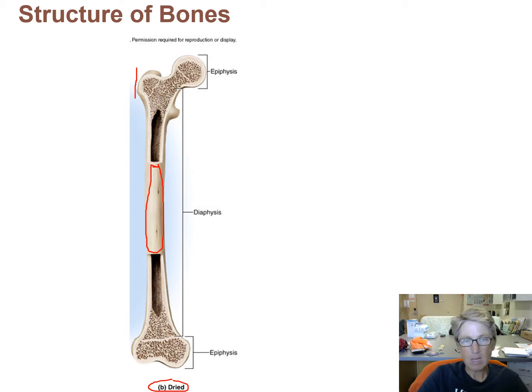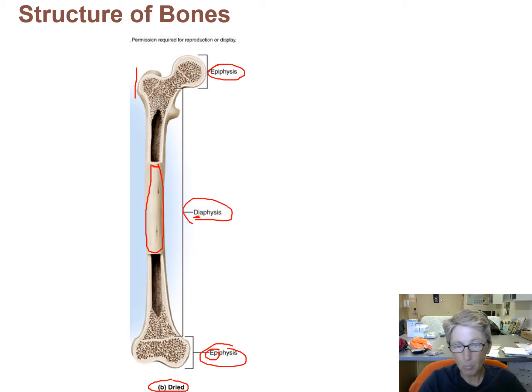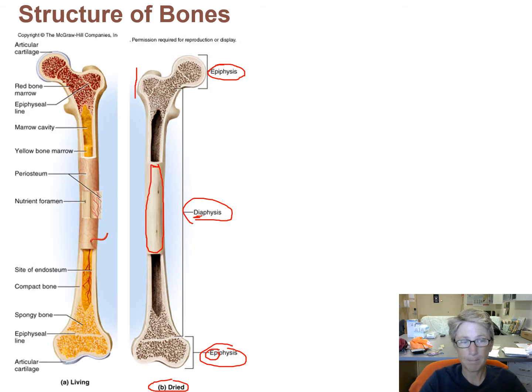In general, if you start broadly, this is a long bone, and long bones have two ends. Each end is called an epiphysis. Epi means on top of. And then you have this middle portion called the diaphysis. Dia means through, so the diaphysis goes through the bone.